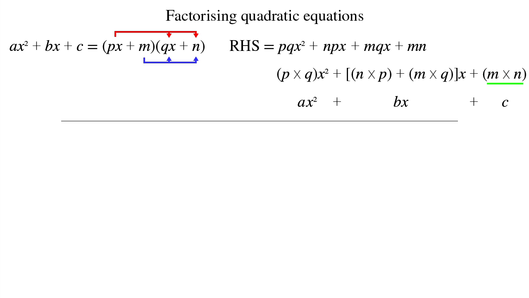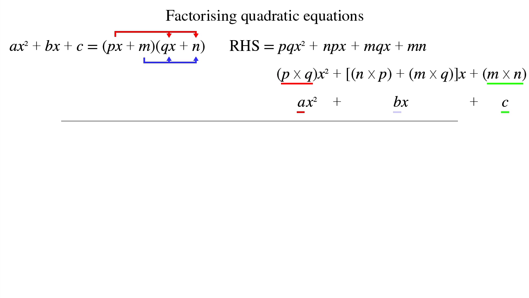Notice that m times n is equal to c as before, but now we also have that p times q is equal to a. So we choose our p and q from all possible pairs of factors of a, just like how we chose m and n from all possible pairs of factors of c. However, if we look at what b is equal to, we see that the problem is slightly more complicated than the case where a is 1.